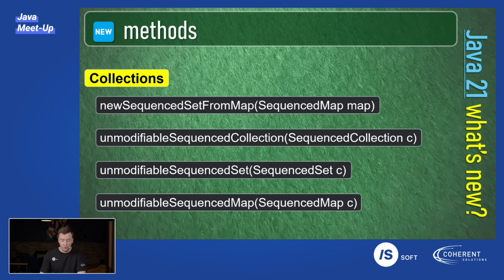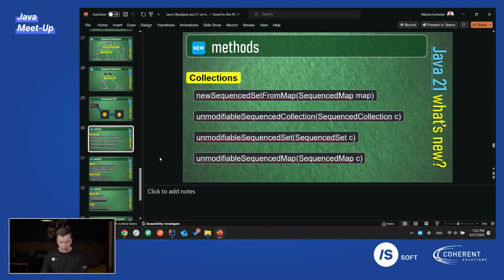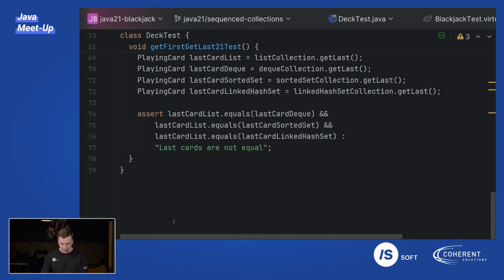However, now we have newSequencedSetFromMap. Why do we need to use this method? I was thinking about why it can be useful to use the newSetFromMap method. Let's see, I want to show you this example.